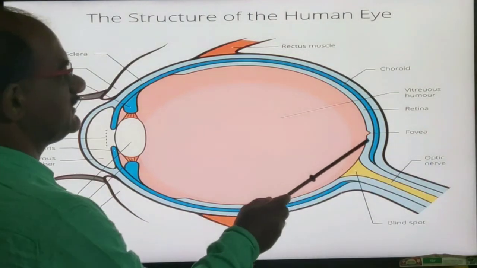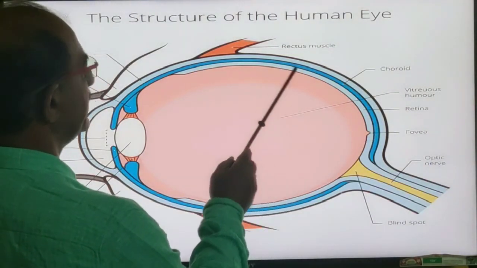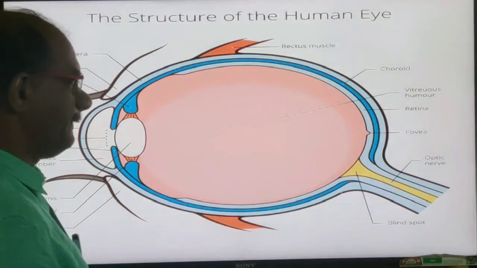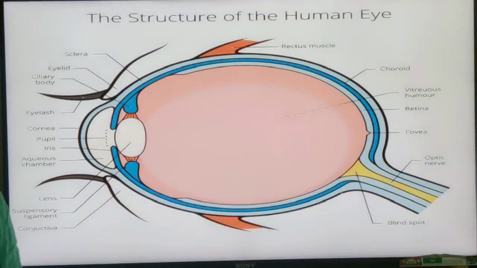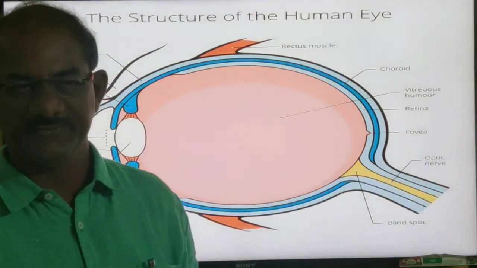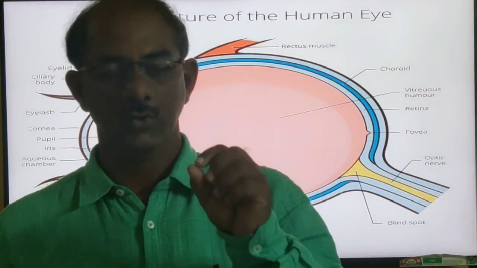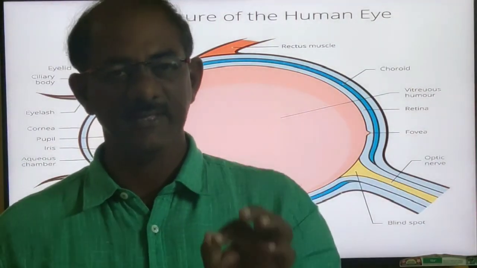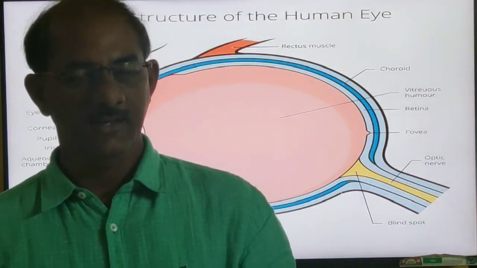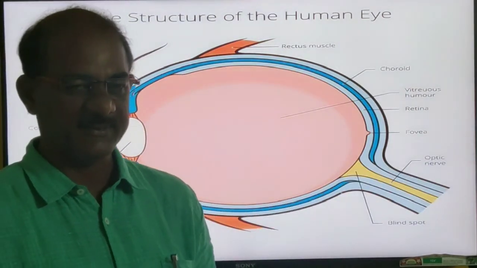And this retina consists of two types of cells. One is the rods, another is the cones. Rods and cones are also called photoreceptor cells, meaning light is accepted.